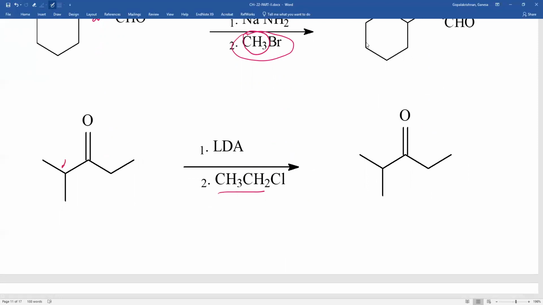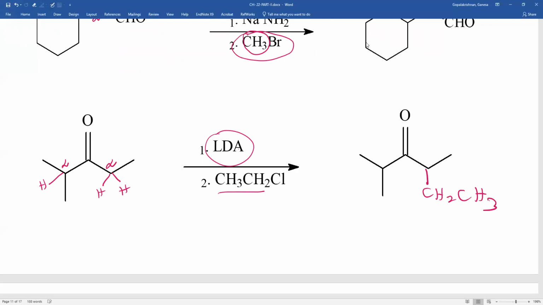There are two alpha carbons. If you use other bases like NaH or hydroxide or NH2, it will go to the more acidic alpha hydrogen and replace it. But since LDA is a bulky base, it goes to the less hindered alpha carbon and replaces one of them with the alkyl group.